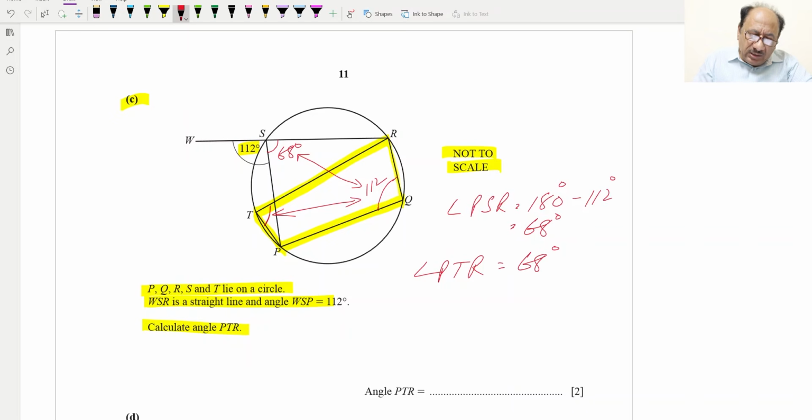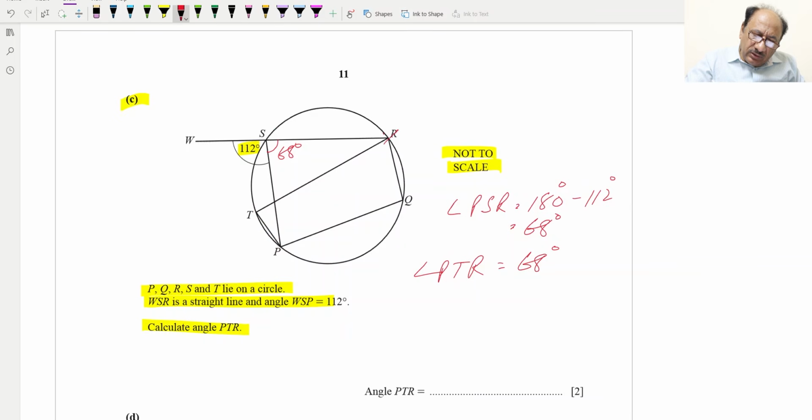You can understand it like this, or you can understand it in another way also. If this angle is 68, from here we can directly reach.